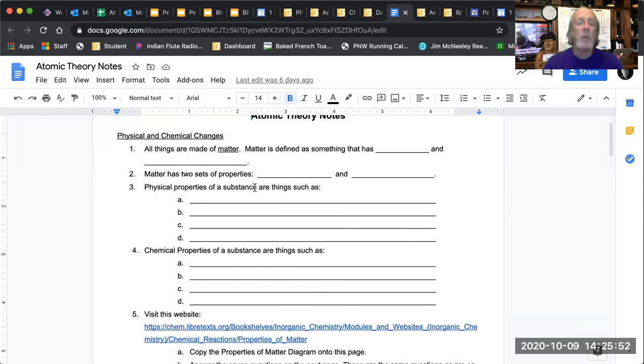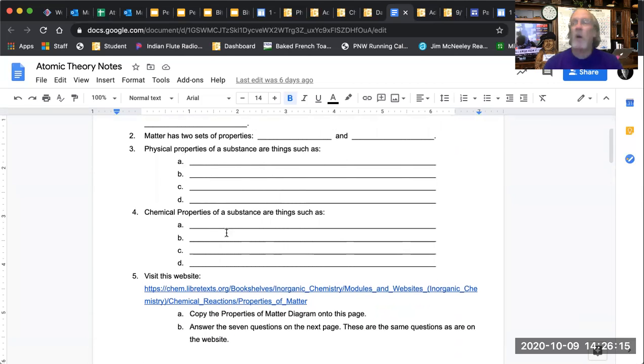Physical properties of a substance are such things as, give you a minute to think, okay, the smell or odor, its mass, its melting point or boiling point, or its color. So there are 5 different physical properties.